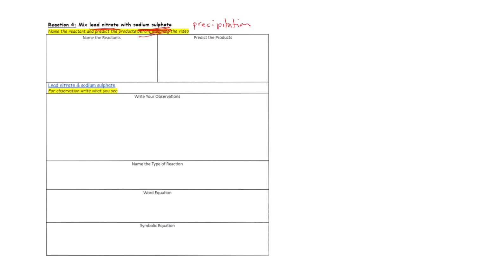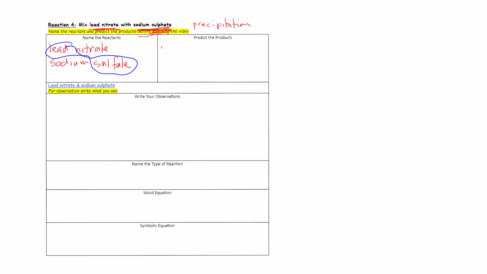So let's come back to this. Name the reactants: lead nitrate and sodium sulfate. And predict the products. Now we've predicted that we're going to get lead sulfate as a precipitate. So let's write that down.